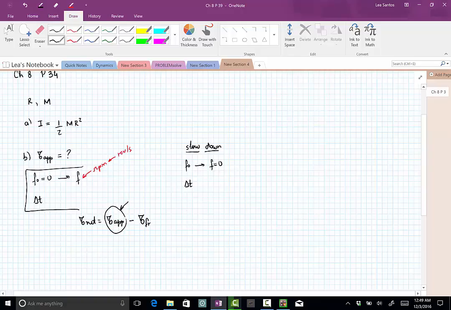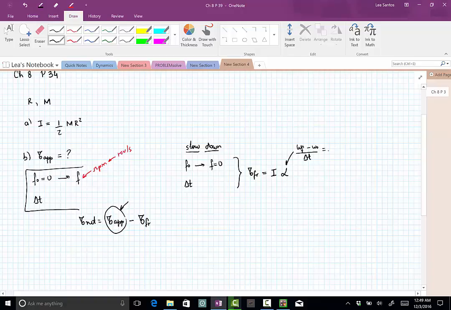To find the friction torque, what we need is the moment of inertia, which we already have, and the acceleration. The acceleration we can find because we have the two frequencies and we have the delta t. So we find the acceleration using the final angular velocity minus the initial divided by this delta t.